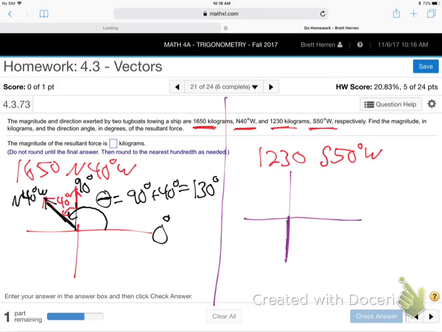So south, 50 degrees west of south. West is to the left, so 50 degrees west would be like this. So there it is, south, 50 degrees west.